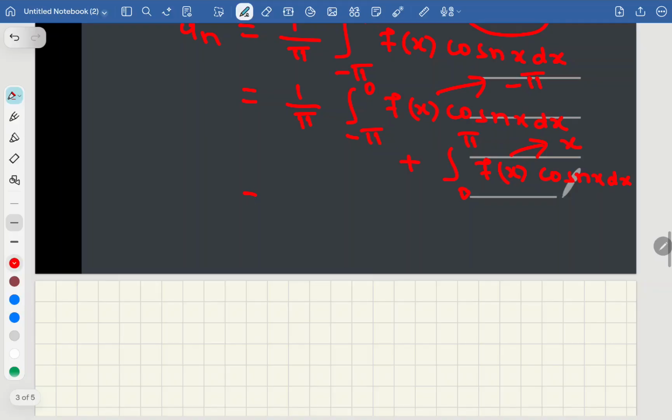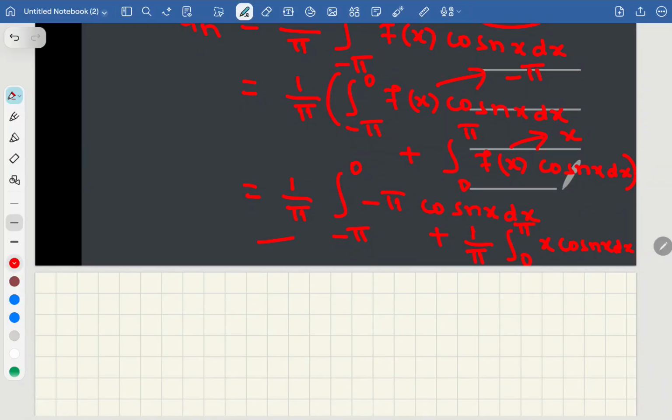Now substitute: 1 by pi integral minus pi to 0 of minus pi cos nx dx. Second integral, 1 by pi, I am multiplying 1 by pi with the two integral values, integral 0 to pi of x cos nx dx.